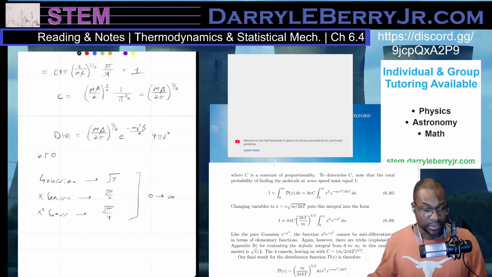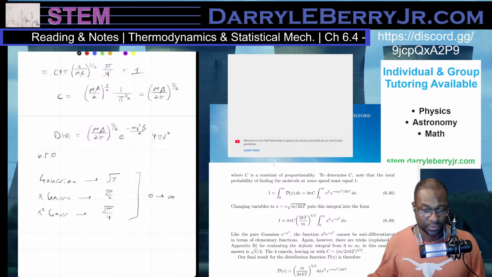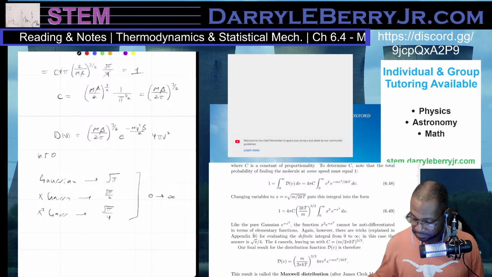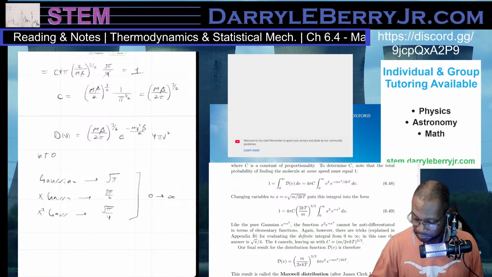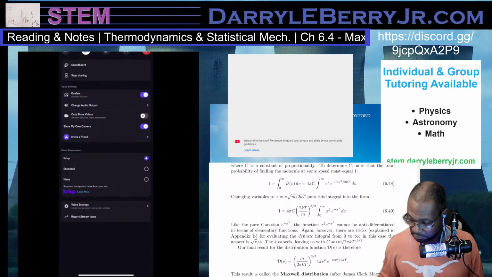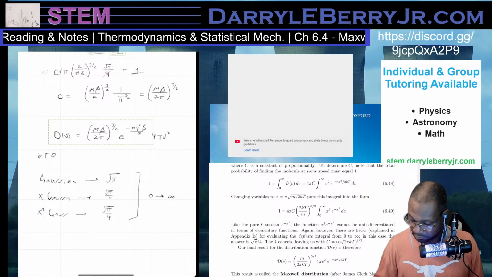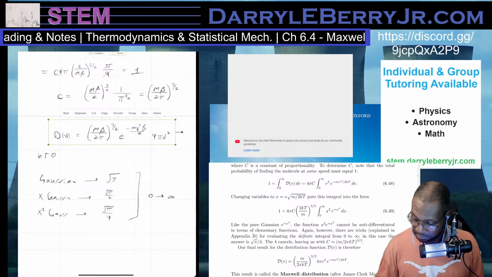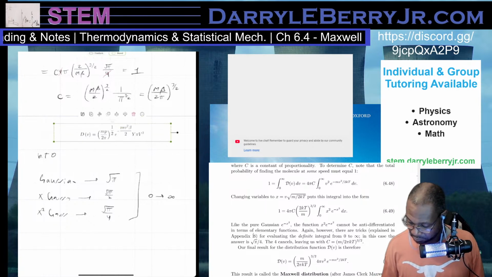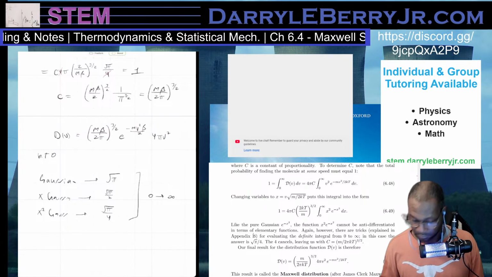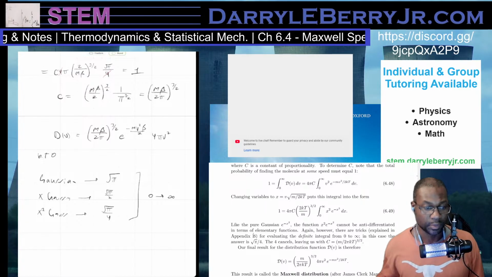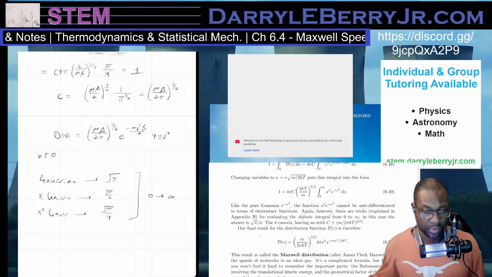The result is called the Maxwell distribution after James Clerk Maxwell for the speeds of molecules in an ideal gas. It's a complicated formula, but I hope you won't find it hard to remember the important parts.